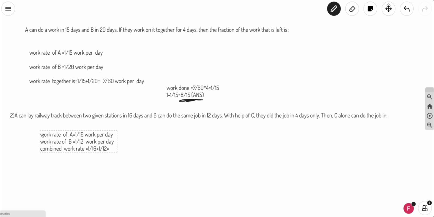We have to take the LCM and then sum these, which comes to 7 by 48 work per day.